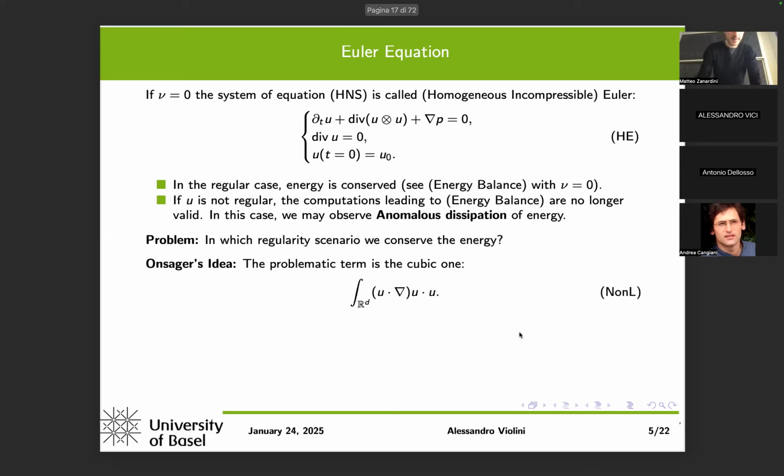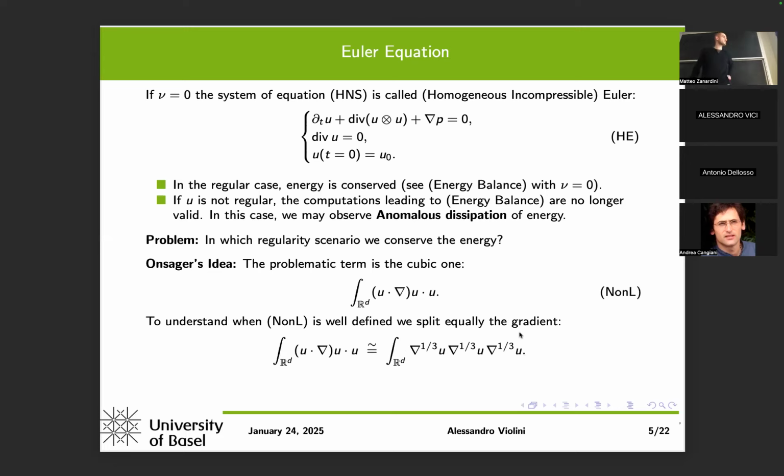And the idea of Onsager in 1949 is to go back to the previous computation, and he recognized that the problematic term is this one, the cubic term. Because here, just to write this term, you need that your velocity field is at least Sobolev, because there is a gradient there. And so he started to ask himself when this term is well defined and when it is not.